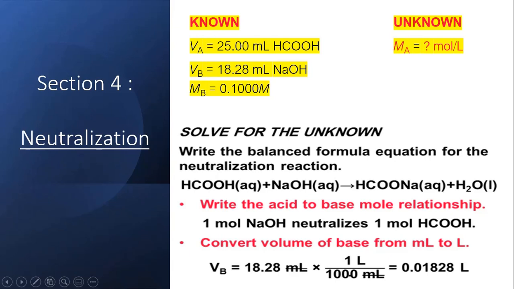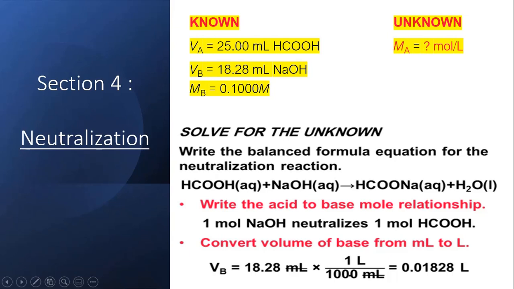So write the acid to base mole relationship. We can see that we have 1 to 1 after balancing the equation, which means the numbers that we will use here will not be changed. We don't have any ratio. Okay, convert the volume of the base from milliliter to liter. We should use everything here in liter because the concentration will be in mole per liter.